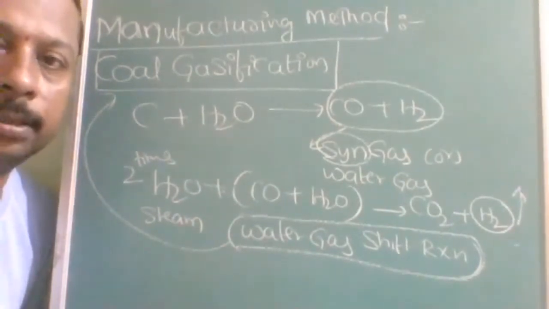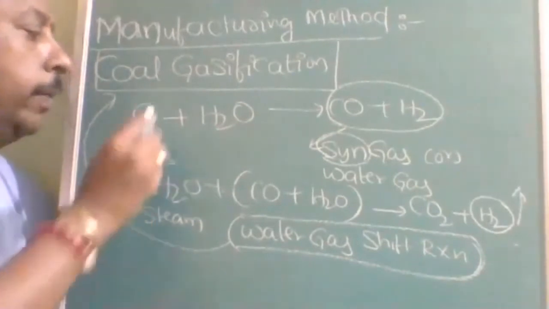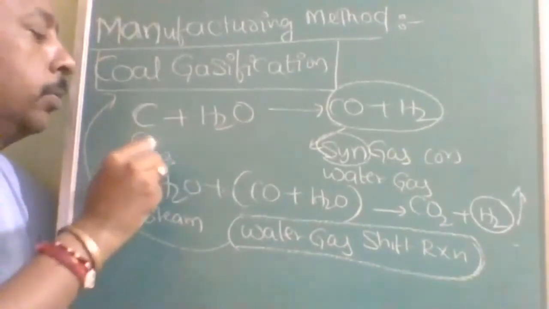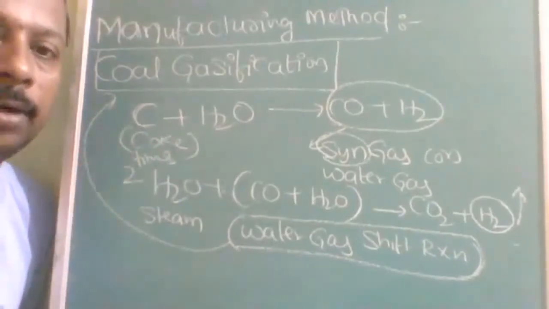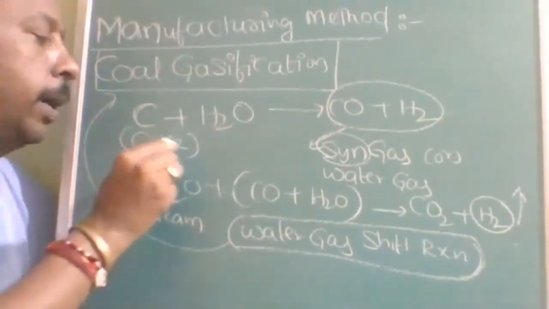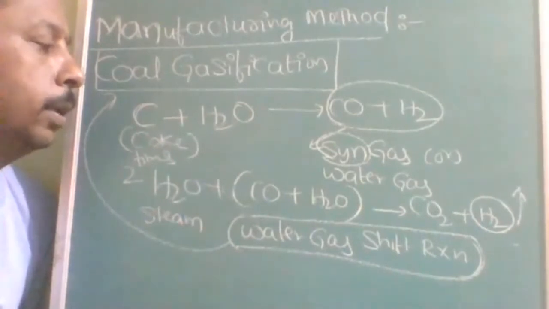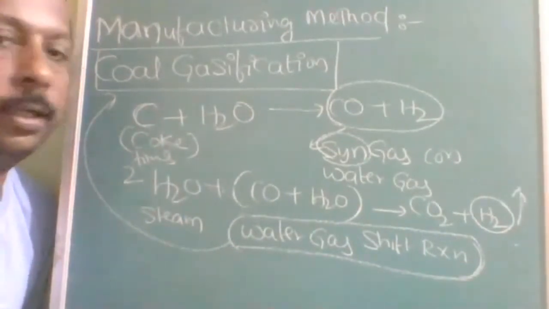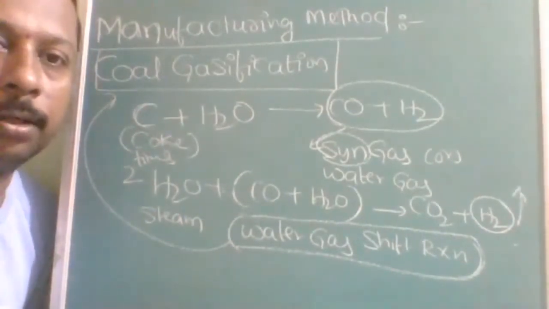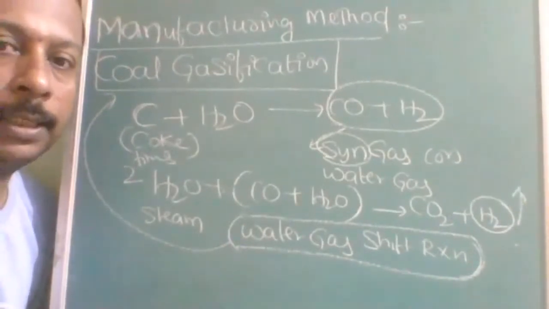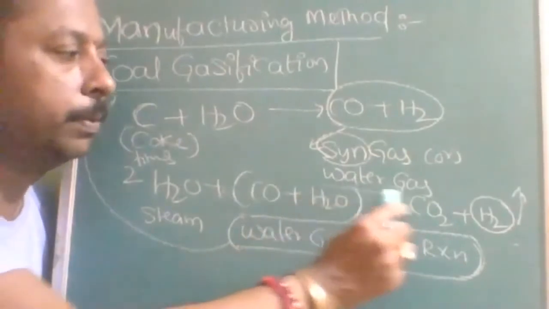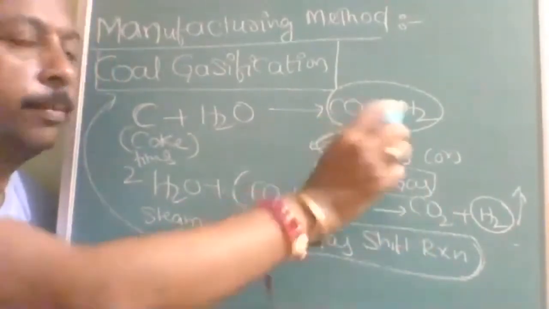When steam is passed over coke, an allotropic form of carbon, it will be converted into an equimolar mixture of carbon monoxide and hydrogen. As it is prepared from water vapor, it is called water gas.